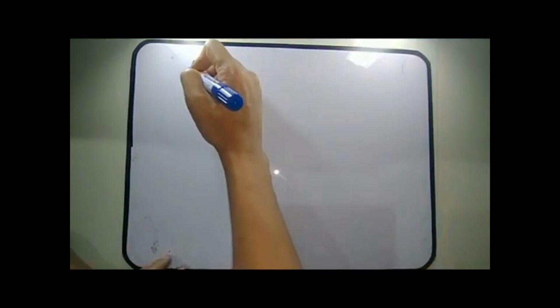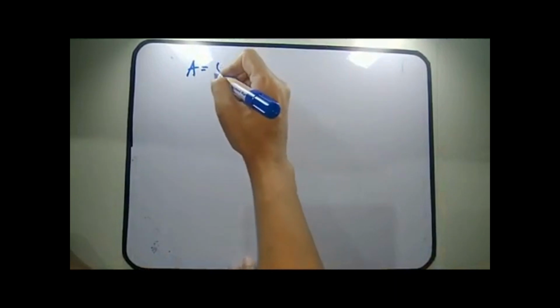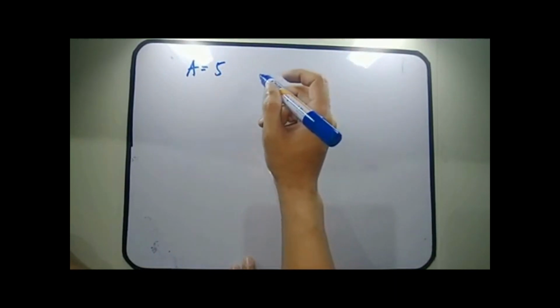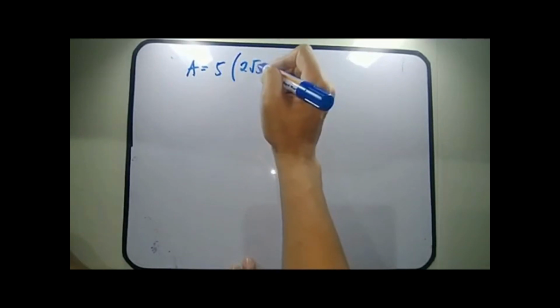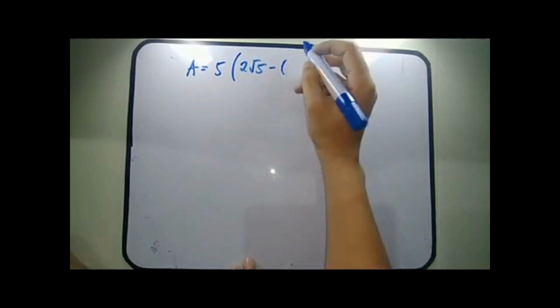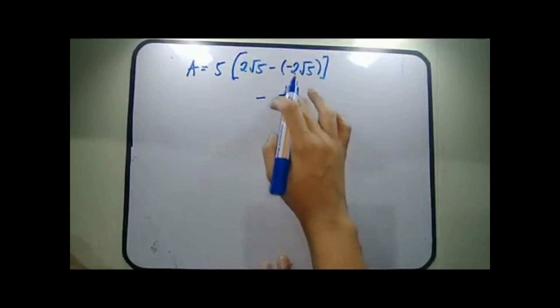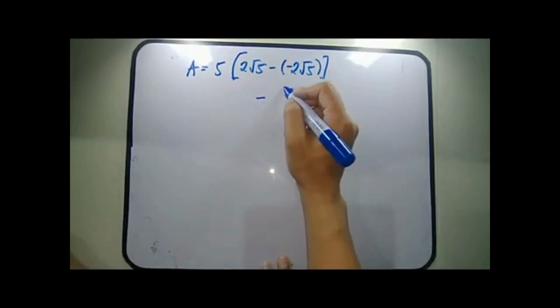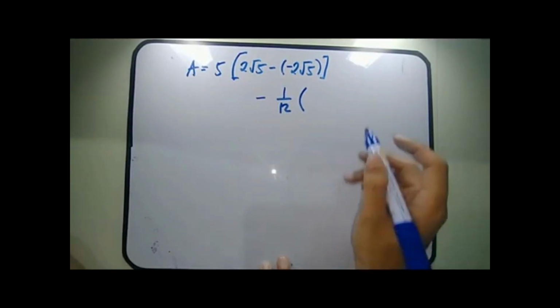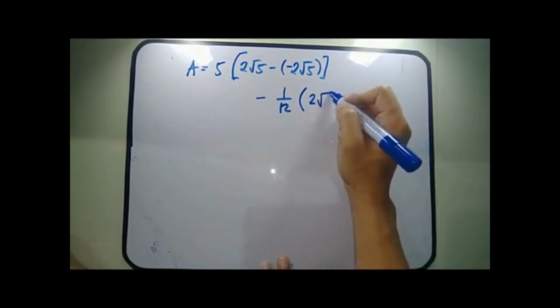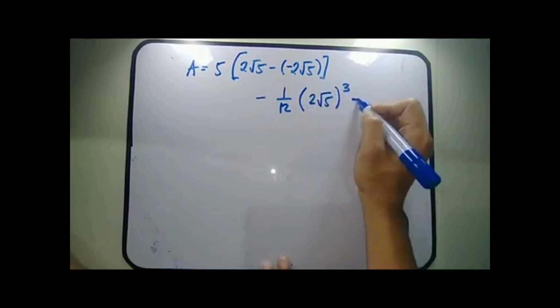So area is equal to 5 times x, so that is 2 square root of 5 minus negative 2 square root of 5. So you just substitute all those limits and subtract. Here minus, so here 1 over 12. So that is 1/3 times 1/4, so 1 over 12. So we have here x cubed, so that is 2 square root of 5 cubed.